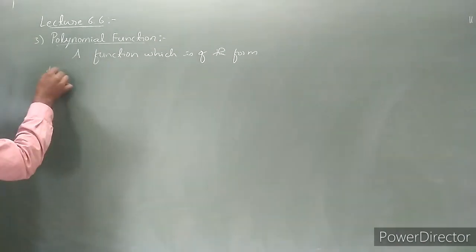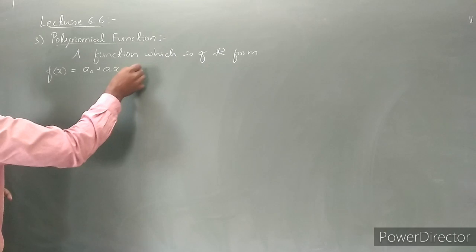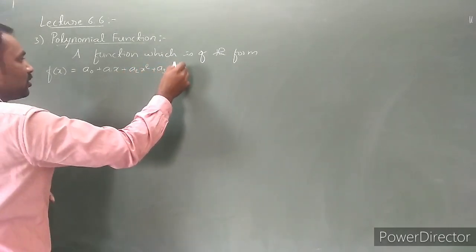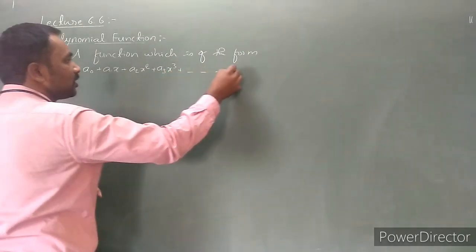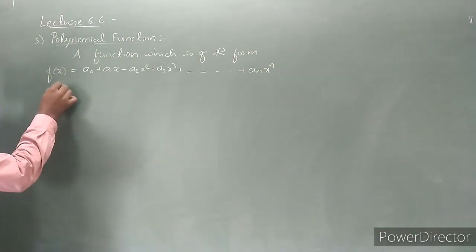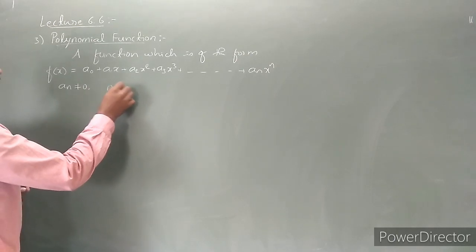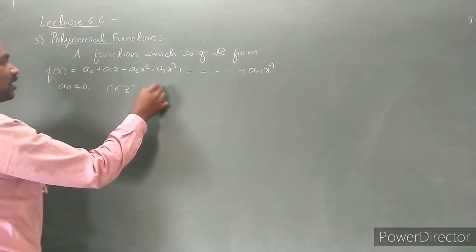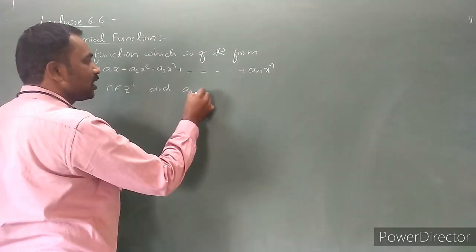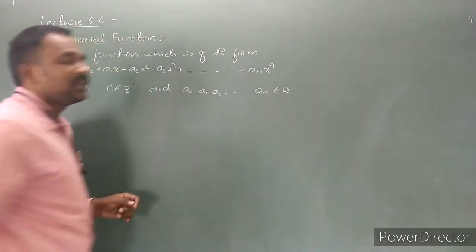f of x is equal to a0 plus a1x plus a2x square plus a3x cube plus so on plus an into x power n, where an is not equal to 0 and n is any positive integer, and a0, a1, a2, and so on up to an are any real numbers.